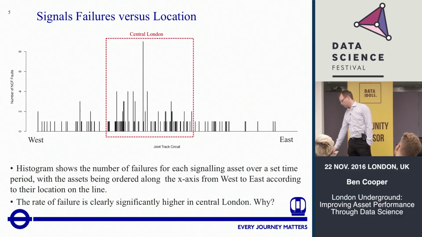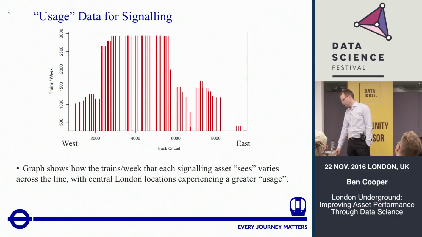What is driving that? These assets are identical across this whole plot. As far as we know, they're all maintained equivalently, and they're the equivalent asset, equivalent age, etc. So something is driving that feature of their performance, that in central London you're seeing a higher failure rate.